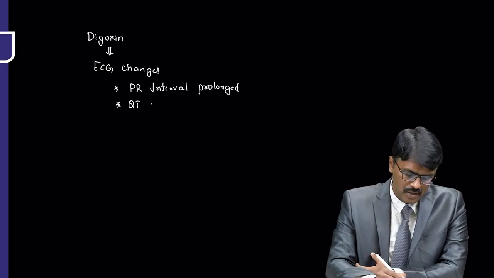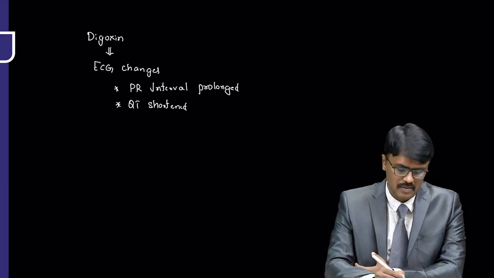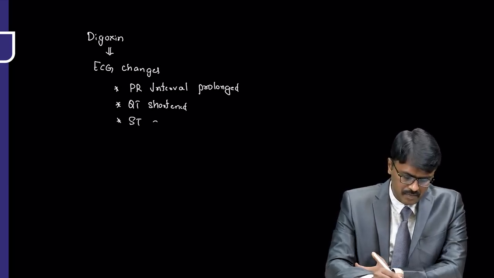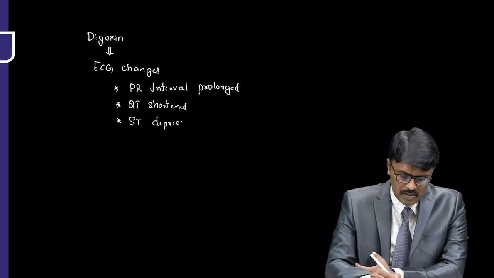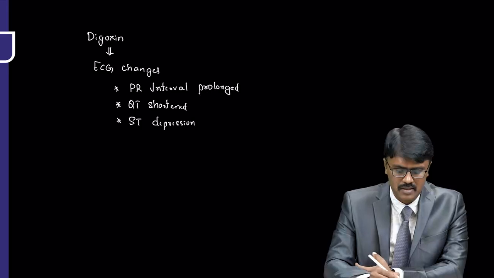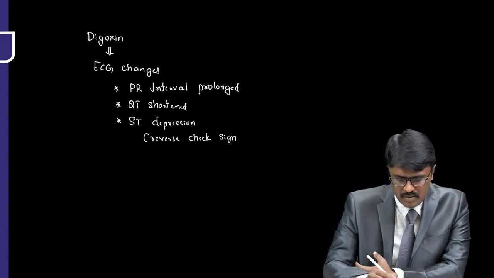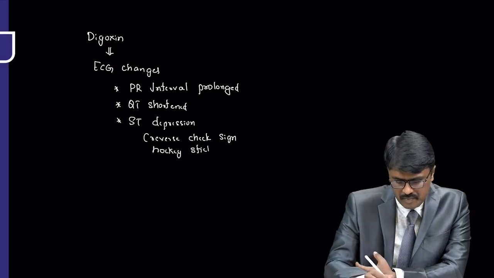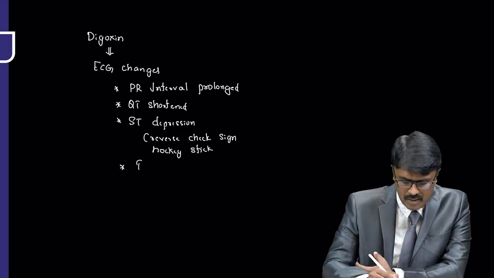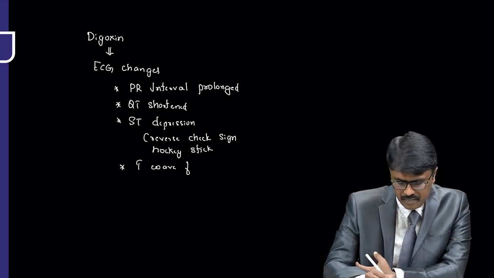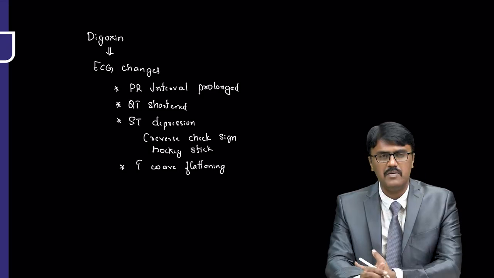And the QT is shortened, and there is ST depression. The ST depression looks like the reverse check sign, or it is called the hockey stick sign. And then we see T wave flattening. So these are the parameters we see with digoxin.